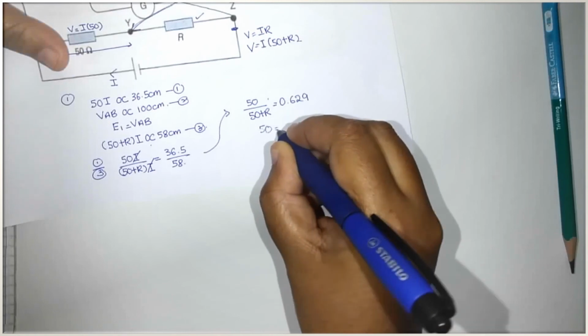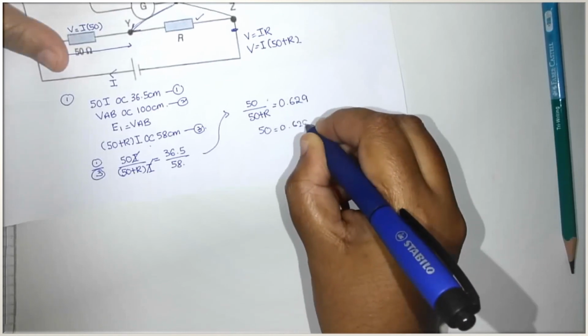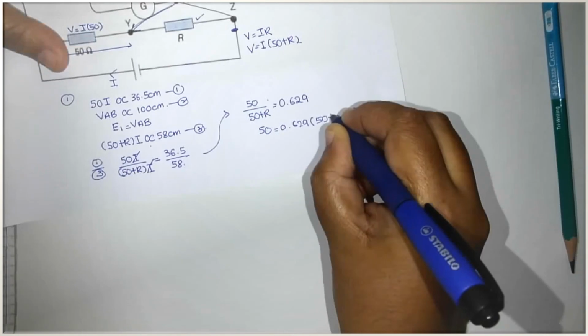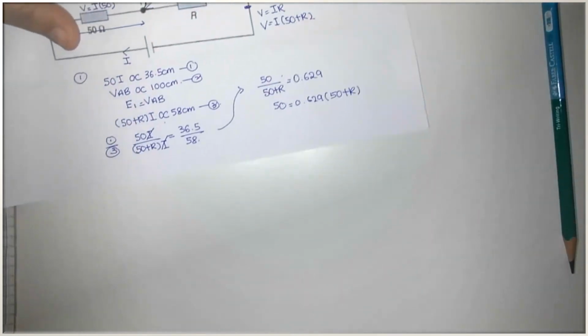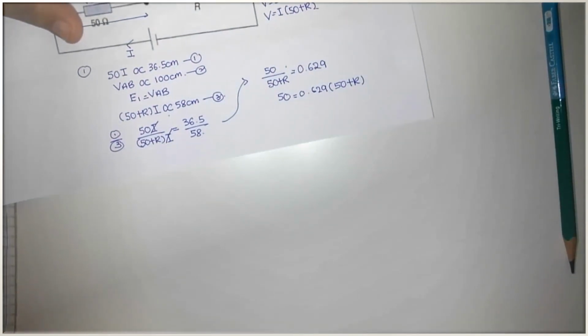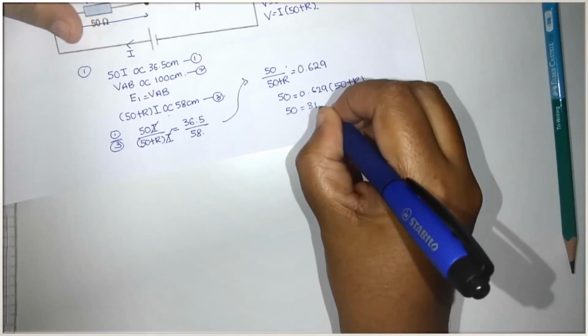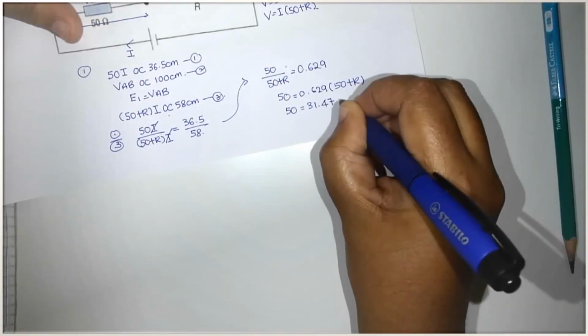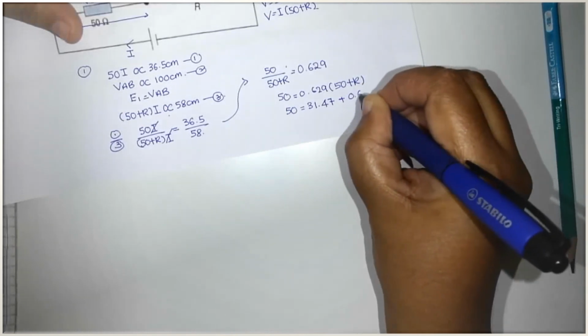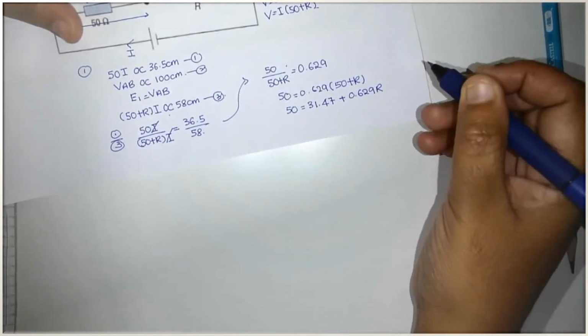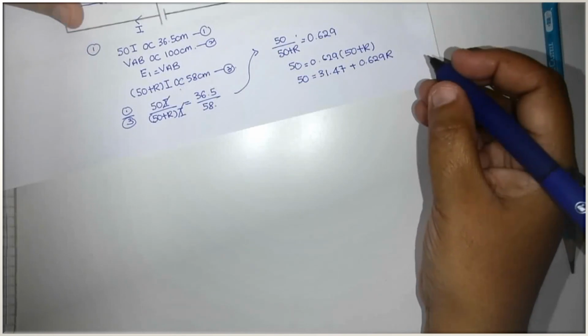So I just solve this. 50 equals 31.47 plus 0.629R.